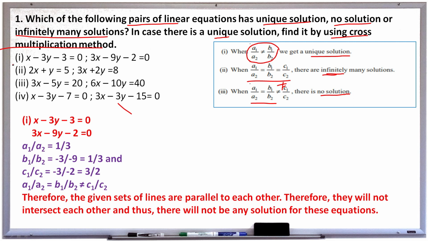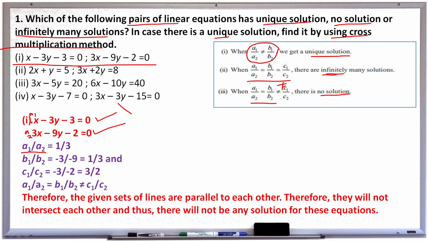Now taking question number 1, there is a linear equation x minus 3y minus 3 is equal to 0. This is one equation. Another equation is given, 3x minus 9y minus 2 is equal to 0. Now a1 by a2 we are going to find. This is a1, the coefficient of x, and this is a2.